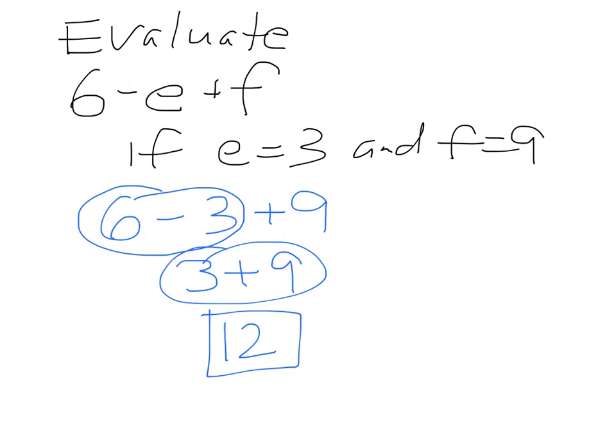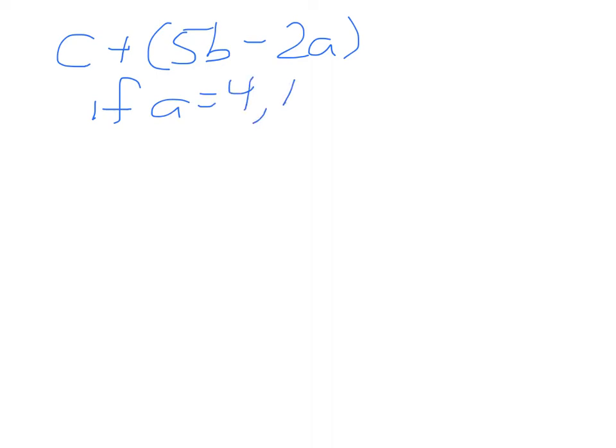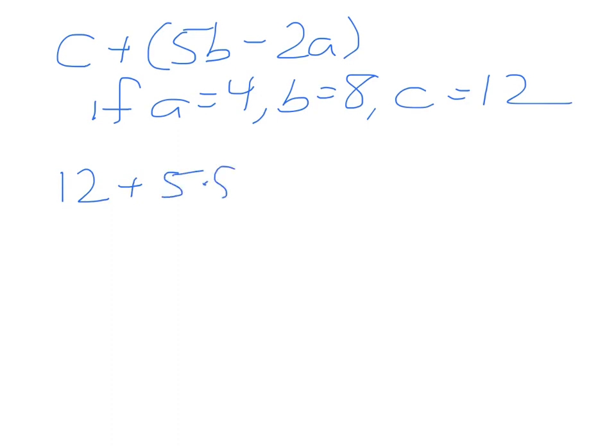Here, let's try another one. C plus 5B minus 2A if A equals 4, B equals 8, and C equals 12. See if you could do this one. Pause the recording and try this one. All right, let's see if you got that one correct. You would have done 12 plus 5 times 8 minus 2 times 4.